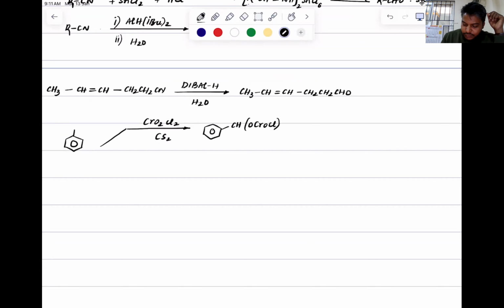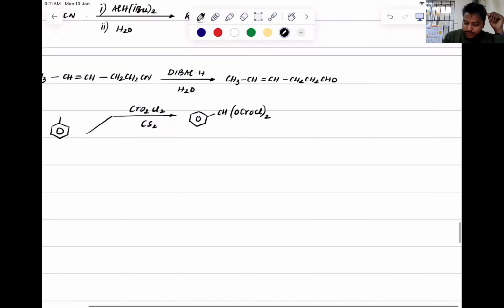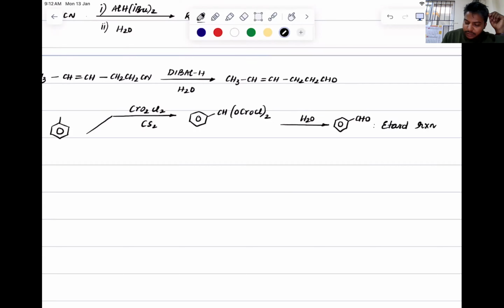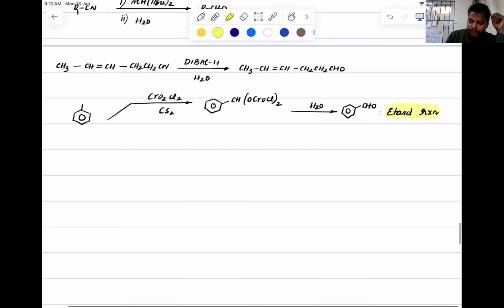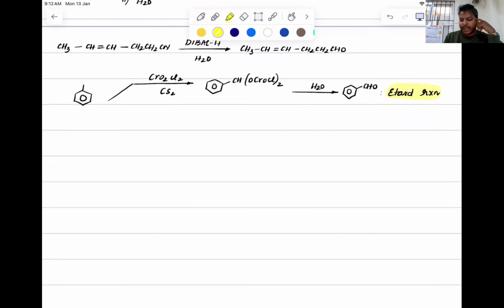OCrOCl, twice of it. Two times this will take place, and then on H2O we will get this as CHO. This is called the Etard reaction. A lot of you have missed out this question of understanding what exactly Etard is. So please do remember that this is what has been formed. You don't have to get into the mechanism of it.